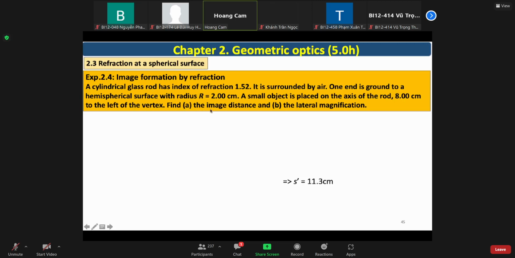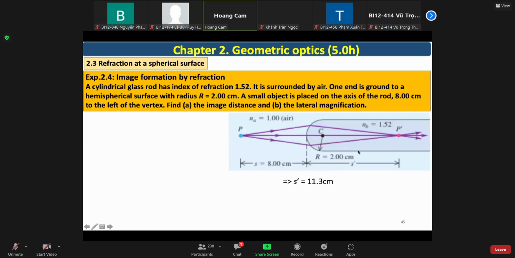First, find the image distance, and then find the lateral magnification. These are the traditional questions in geometric optics. You know S, you need to find S prime and also M. Or you know M and something else, and you need to find S and S prime. It is the relationship of these parameters.